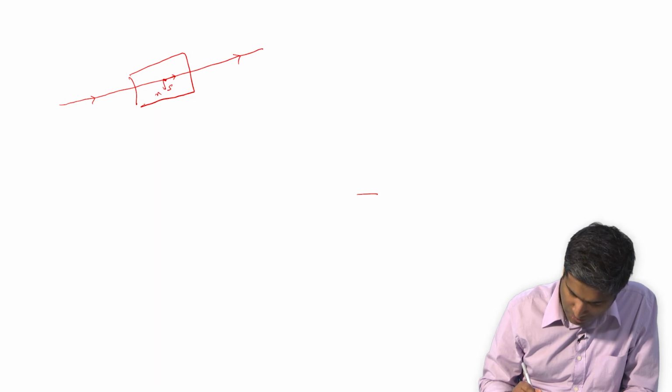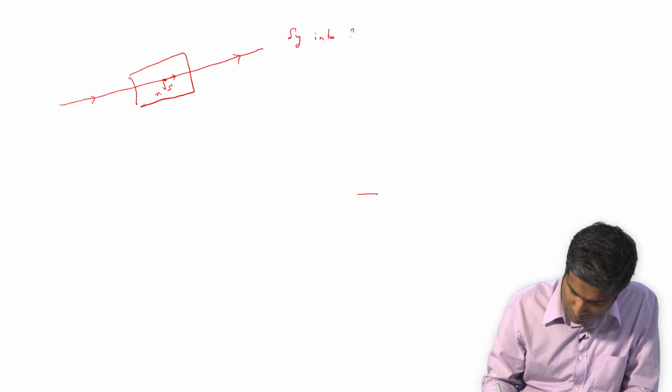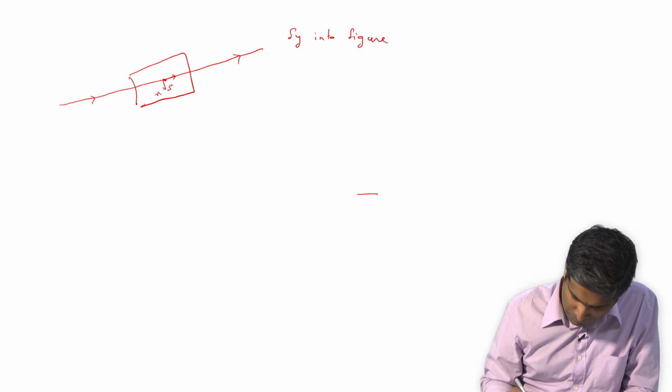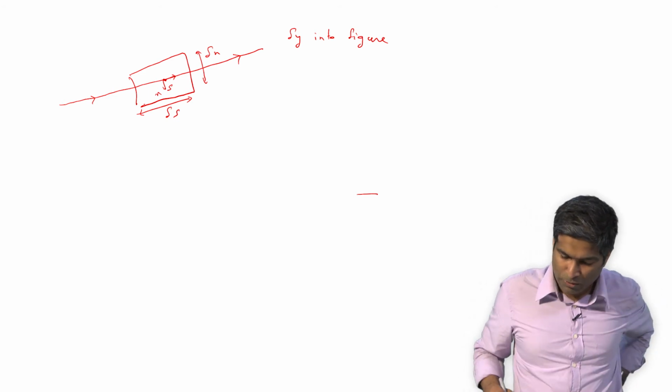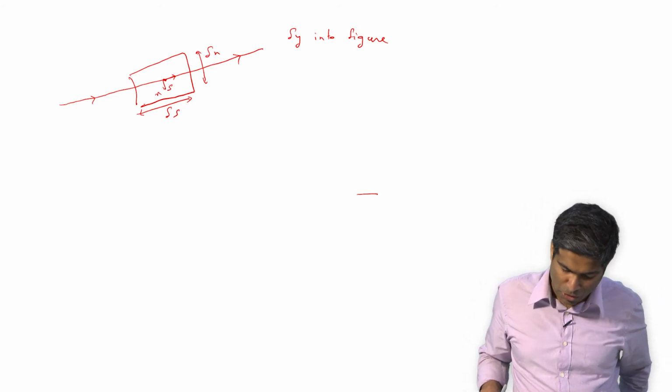Let's say the element has a depth delta y into the plane of the figure. So the dimensions of this fluid element are delta n in the normal direction, delta s along the streamline, and delta y. Now what we are trying to do is apply Newton's law.